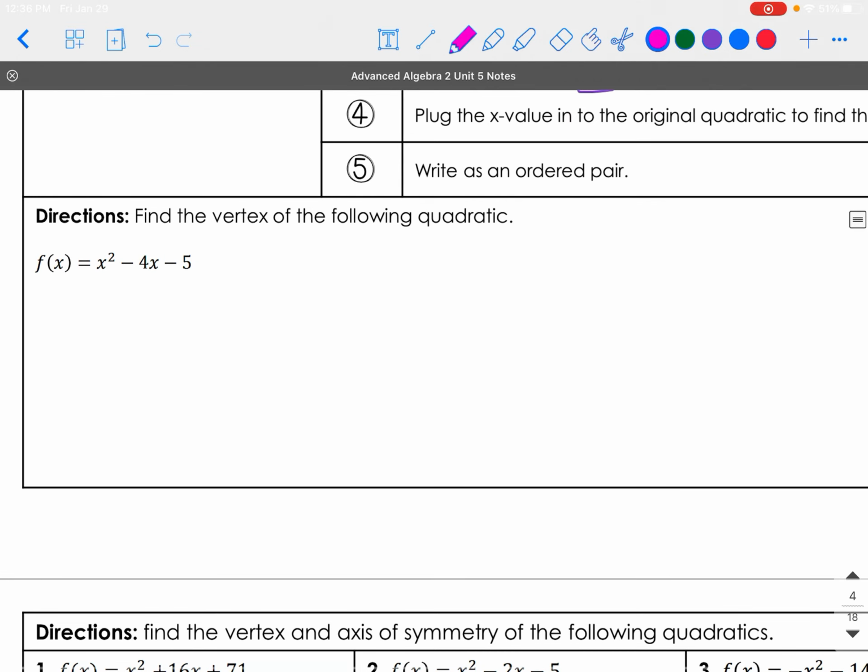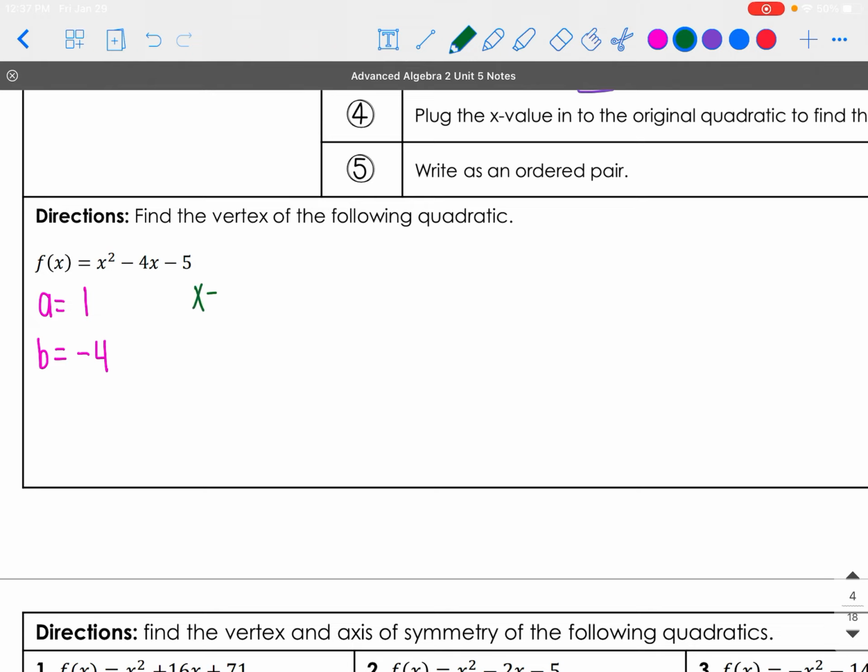So we need to know what the a value is and the b value is. We don't really care about the c value. A is the number in front of x squared. If there's not anything, we put 1. The b value is the number in front of x, so negative 4.